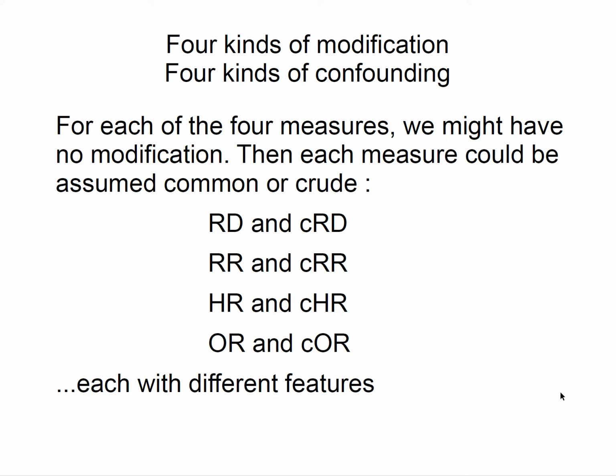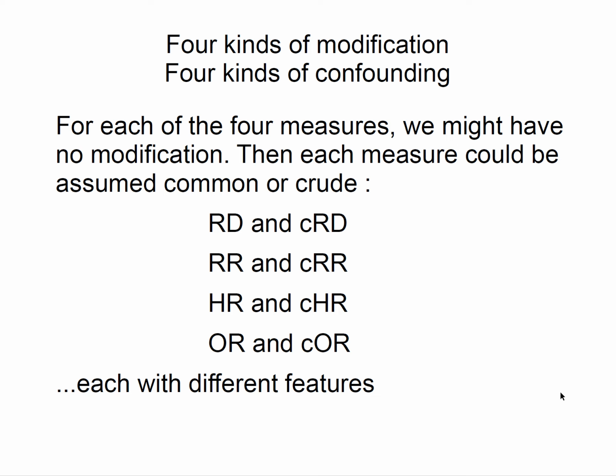For example, if there is no risk difference modification, then we would be interested in whether or not the assumed common risk difference between the two strata is different from the crude. In other words, we're going to be asking about confounding, given that there is no modification of that type.